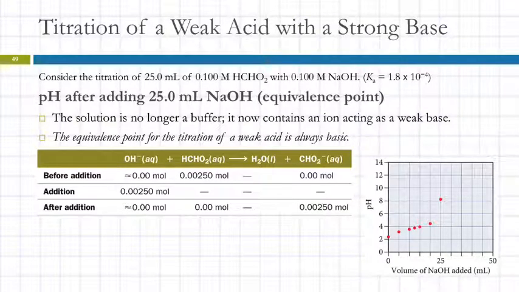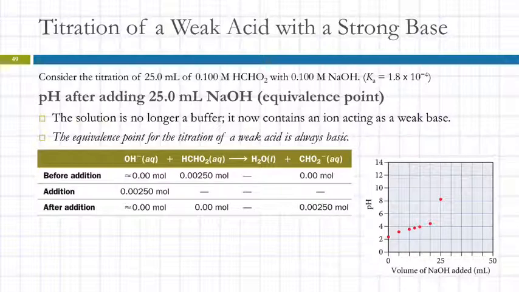At the equivalence point, adding sodium hydroxide equal moles to the acid, we don't have a buffer anymore. We've got an anion that's acting as a weak base. So here, looking at this table, we've got our initial amount of acid, and we're adding equal molar amount of base, and so this becomes approximately 0, and then we have 0.0025 moles of the base.